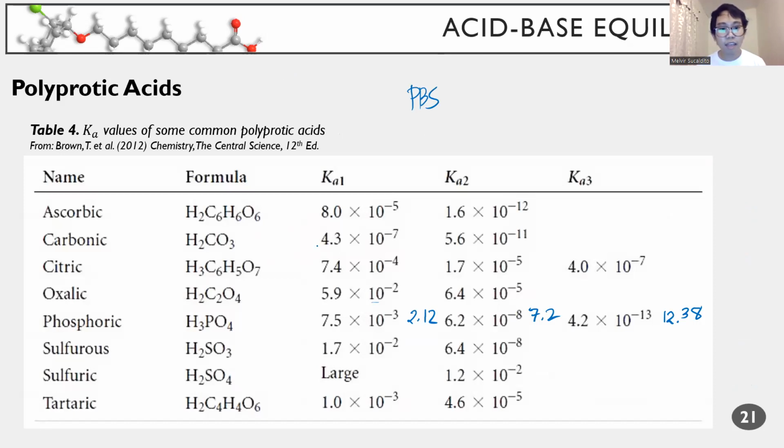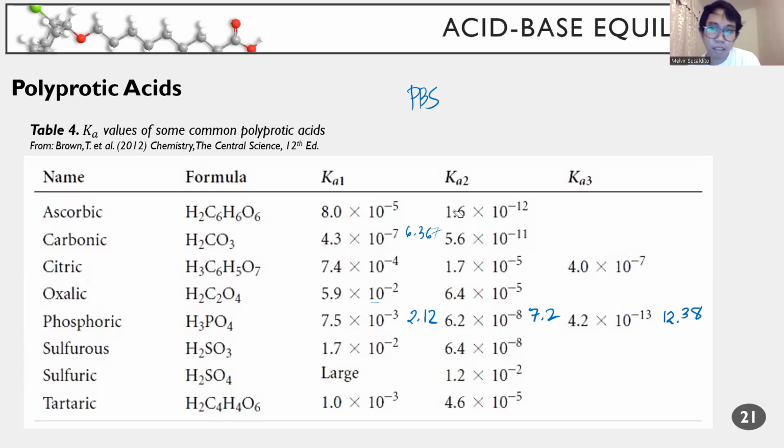Get pKa1, negative log. 6.366 or 367. So it maintains the pH at around 6 to 7. Okay.